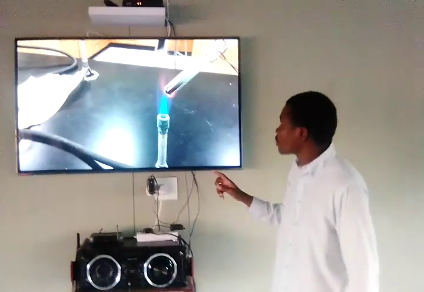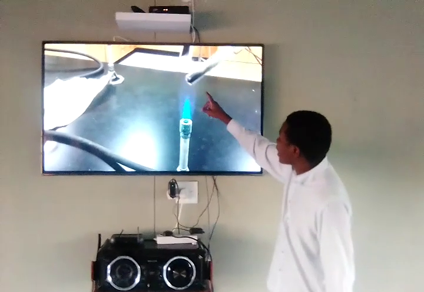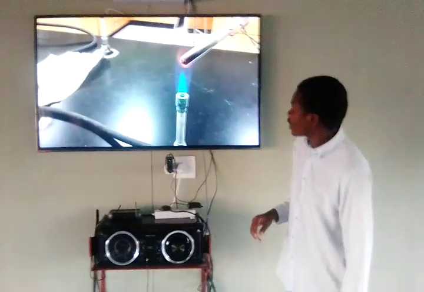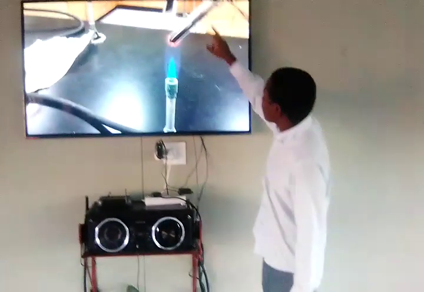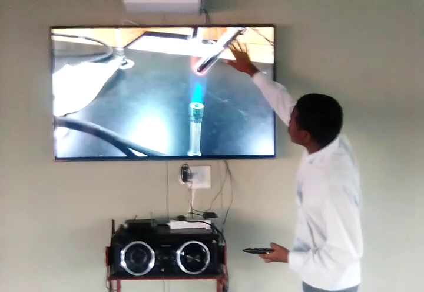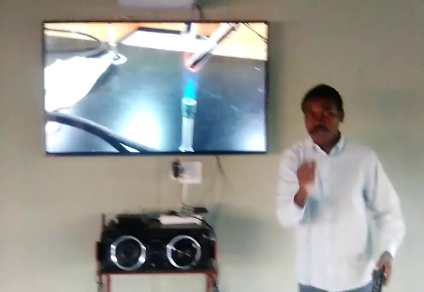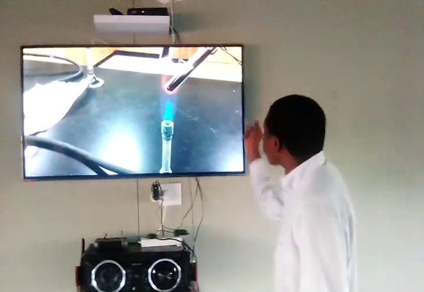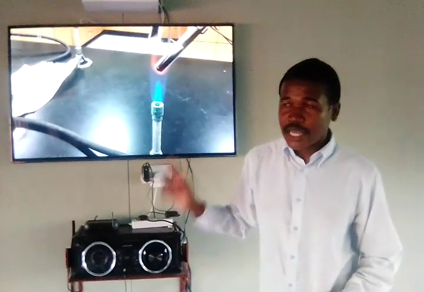That is simply a gas being evolved. Because as you burn it, a black substance is produced. Observe, I'm sure you can see the colors. This is a black powdery substance that is being produced, but at the same time, there's a gas that is being evolved.